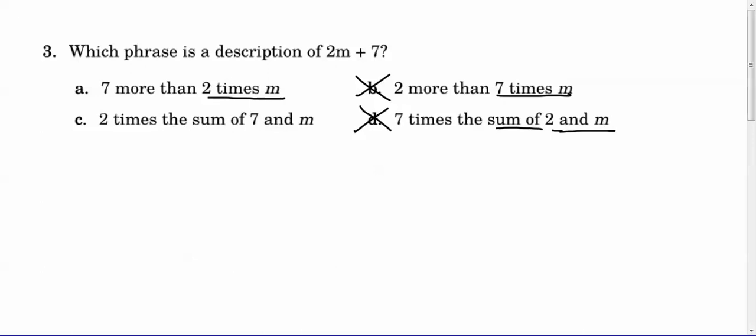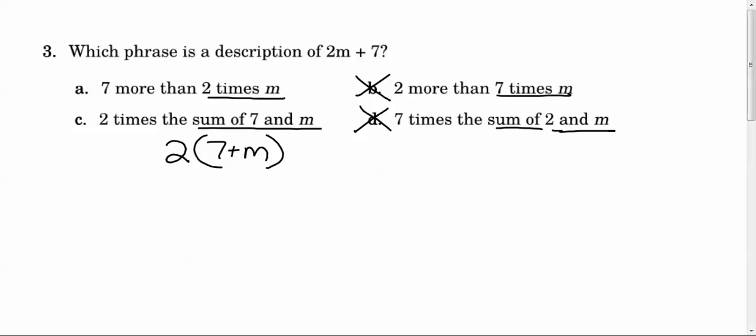So let's really analyze choices A and C. Choice C says 2 times the sum of 7 and m. So the sum of 7 and m would look like this, all right? And then we're doubling, or taking that quantity and multiplying it by 2. That is not what we're looking for because we are not doubling the 7.